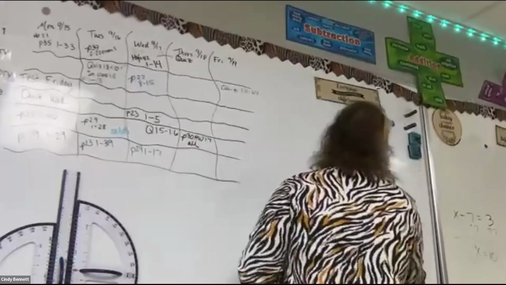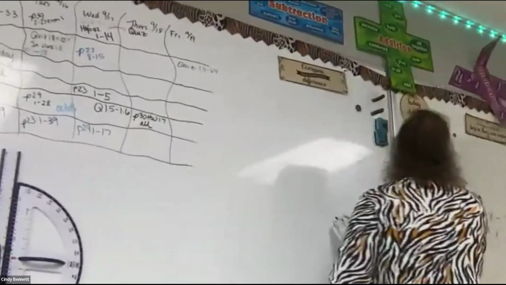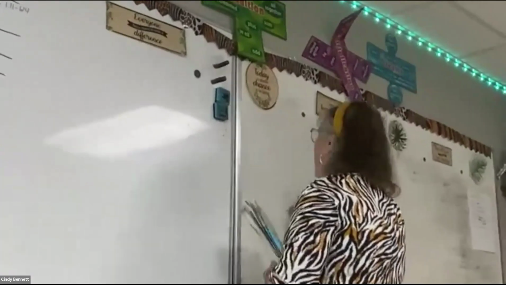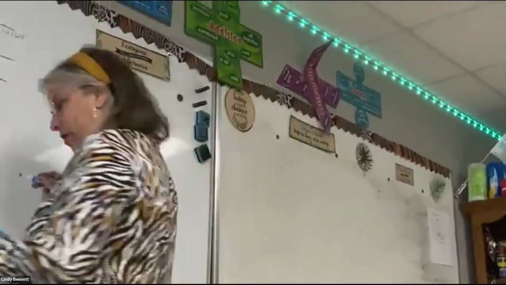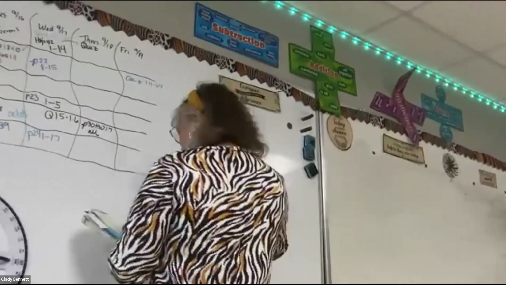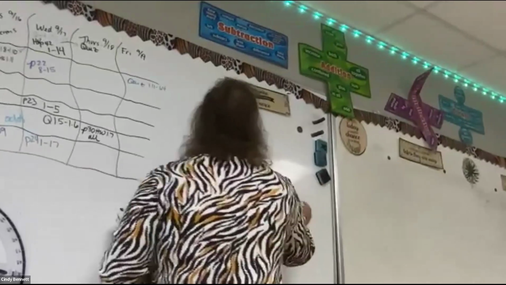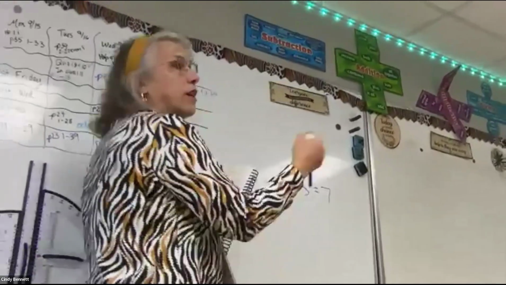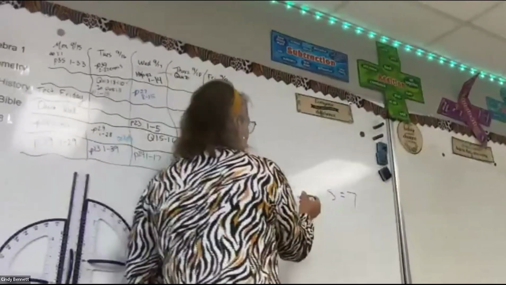It could be a whole equation, like this example, absolute value of 2x plus 1 minus 3 equals 7. So we want to isolate this piece right here. So just pretend it's like an x, treat it like an x.